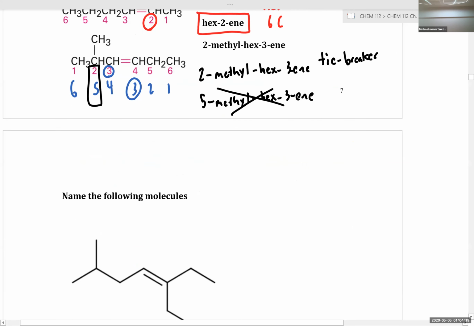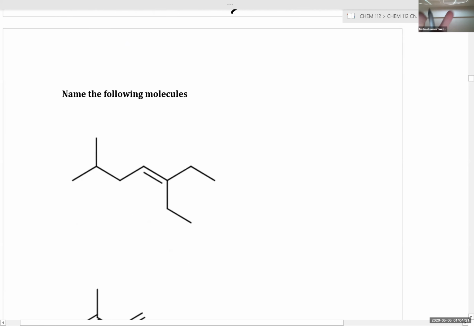So let's name the following molecules, and we'll do the first one together. So first and foremost, I need to find my longest chain. And there's a really nice trick for this. So what you do is you look at all of your substituents around the alkene and you find the longest substituent, the longest chain on each side of your alkene.